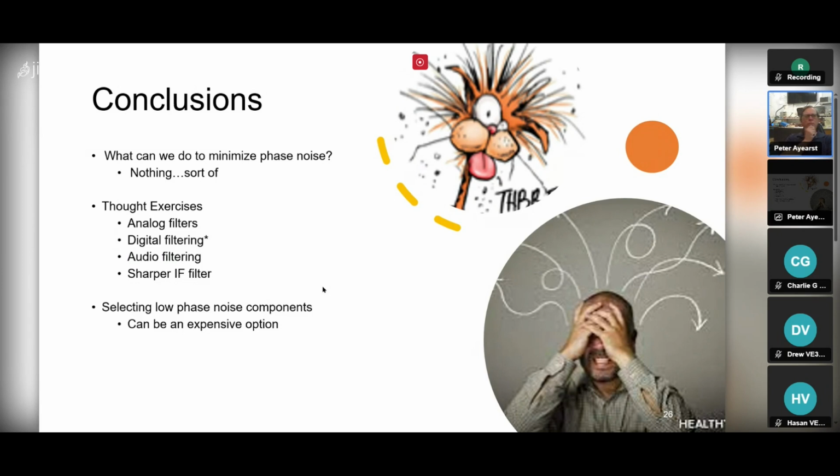Drew will probably remember one of the breakfasts we had, where somebody was talking about an algorithm really cleaning up background noise in RF reception. So maybe in digital filtering they might be able to do something. I'm not sure, but that's way above my pay grade. Really, the only thing you can do is select low phase noise components, but like I say, that can be an expensive option. And maybe all the stuff that we do, it's not a huge deal anyways.